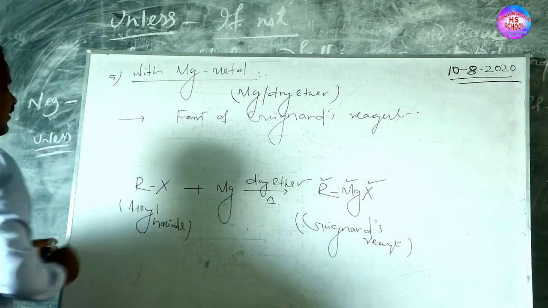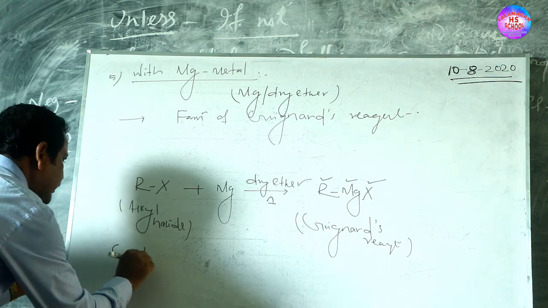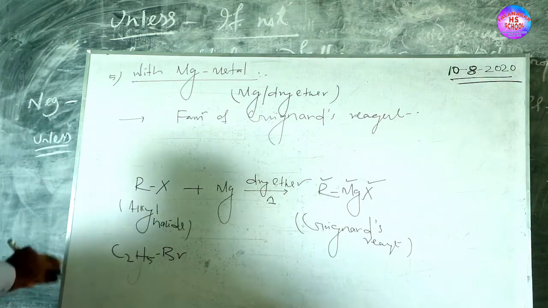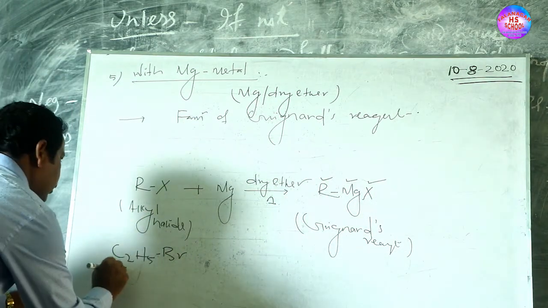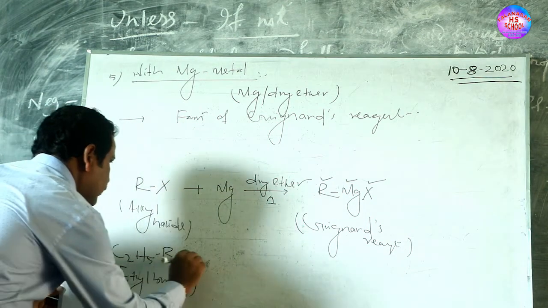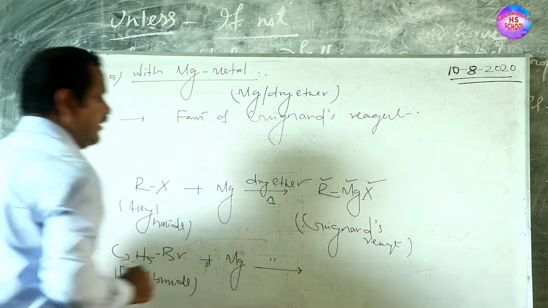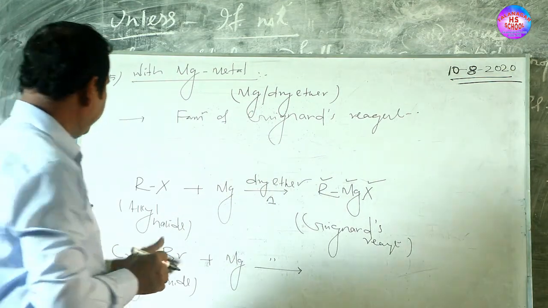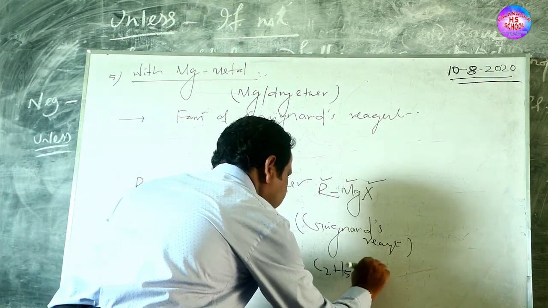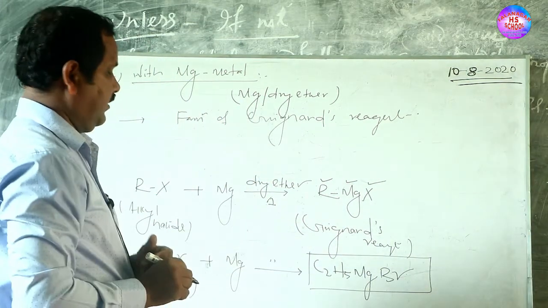For example, if you take R equal to ethyl, C2H5, and X equal to bromine, the reactant will be ethyl bromide plus magnesium metal, heated in presence of dry ether to give C2H5MgBr, ethyl magnesium bromide.